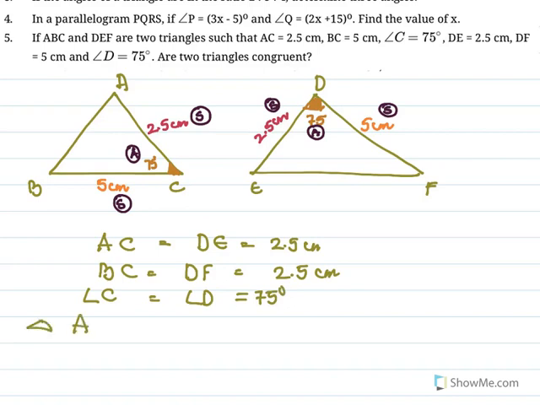So the triangle ACB will be congruent to, and here you got to write the correspondence correctly. So ACB would be EDF.